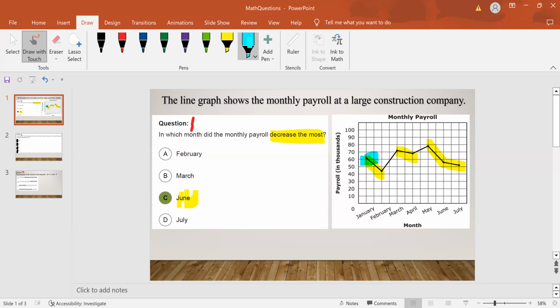Now, in February, again, we see that the point is above 40, or below 50. Seems like it's in the middle. Someone can say it's 45, someone can say it's 44, but it's also fine. It's not to give an exact, accurate value, but approximately.